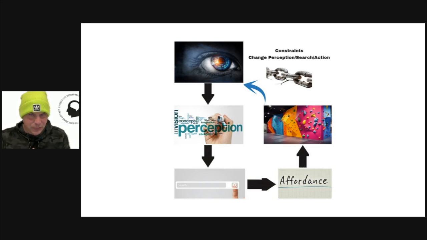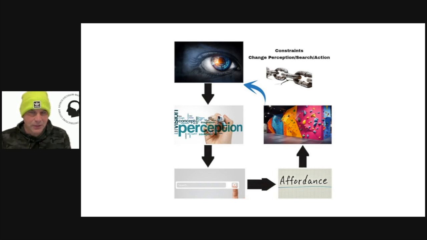That's called a constraint. A constraint can take away certain things from people while it opens up other things. Constraints can alter your search. They can change your perception and what you're attuned to, and they'll change your action capabilities, your affordances.